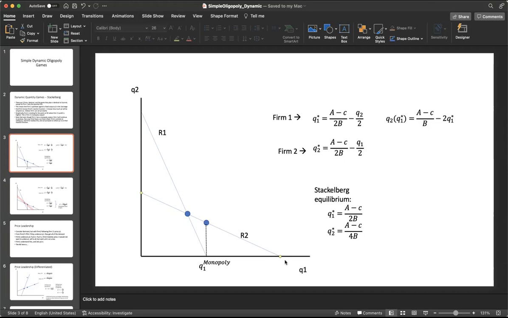So my question again is, what is this point here? Do y'all remember this point? The Q1 here is large. What do you call that point?